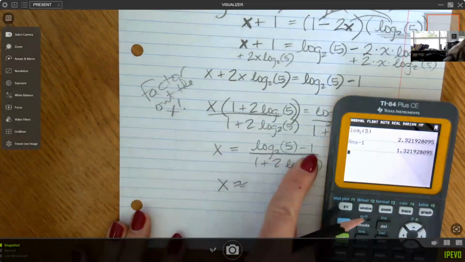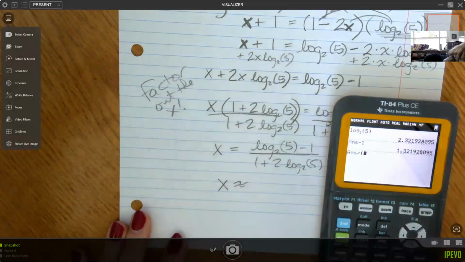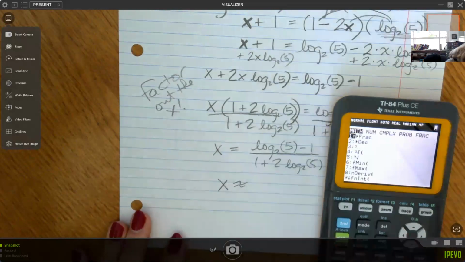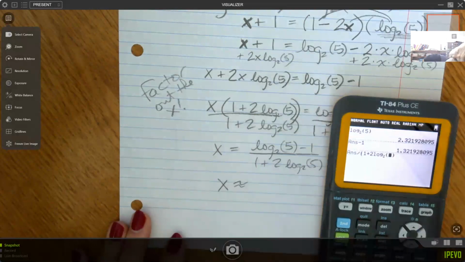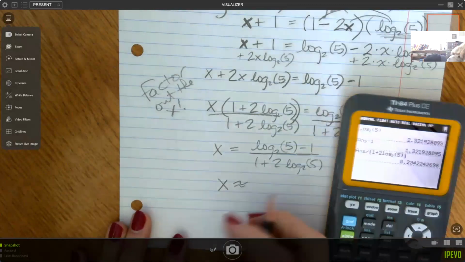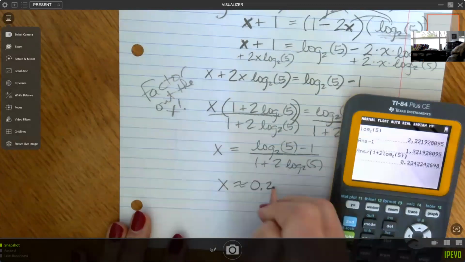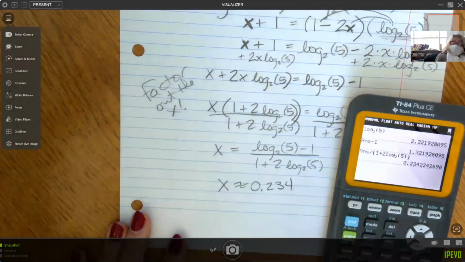So I'm going to divide that by 1 plus 2 times log base 2 of 5. And I get that my answer comes out to be approximately 0.234.